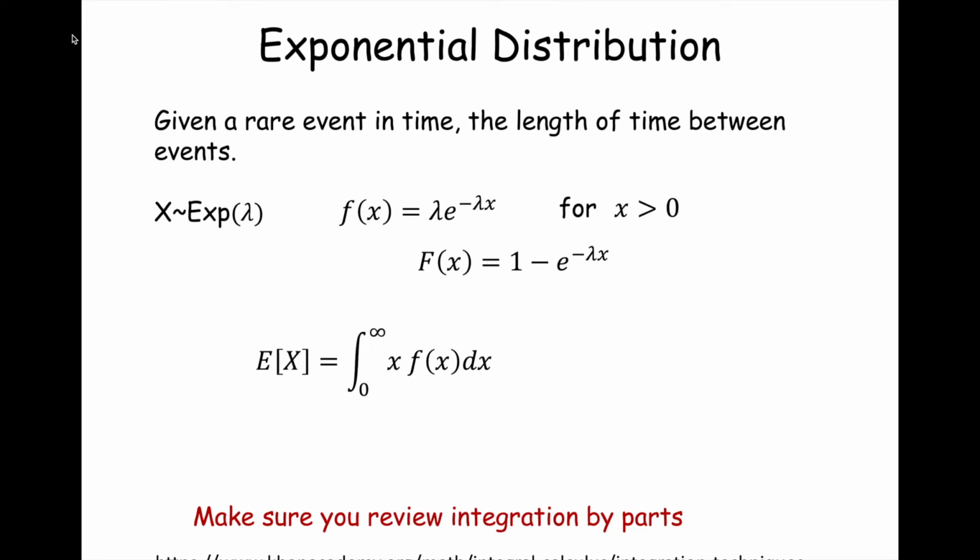So let's take a look at the expectation. And to do the expectation, we're going to make use of integration by parts. And let's recall where integration by parts comes from as a way to remind ourselves about the recipe, if you will, that we use for integration by parts, and what integration by parts does.